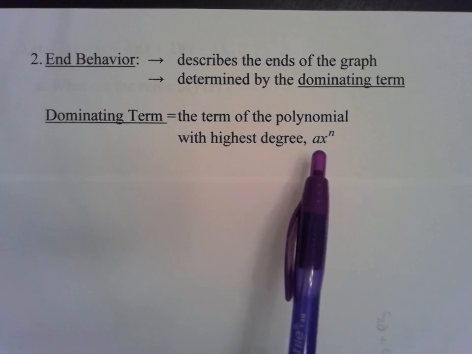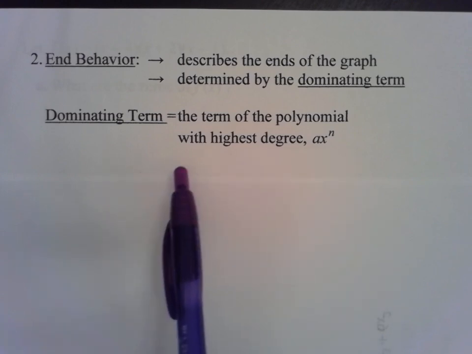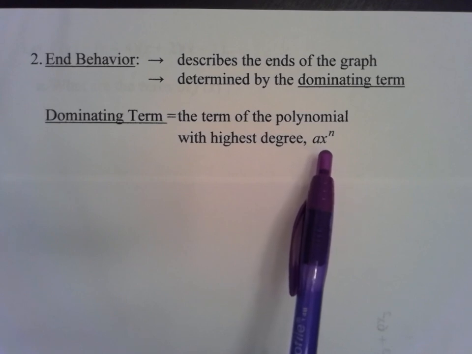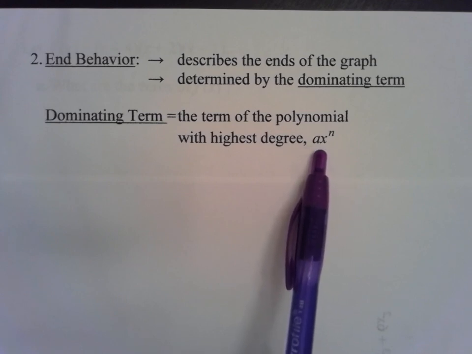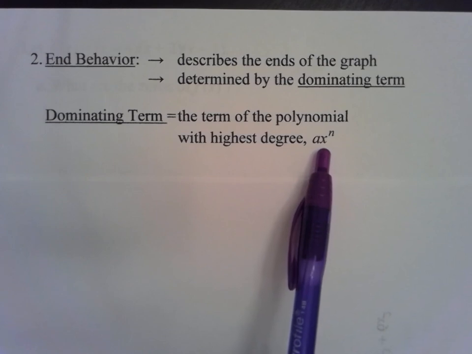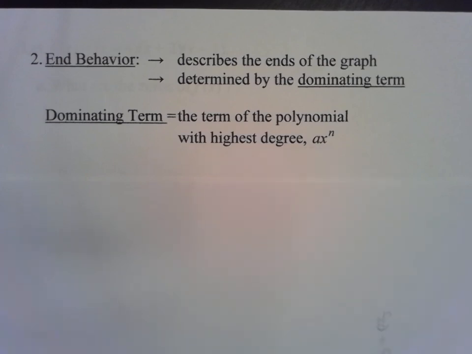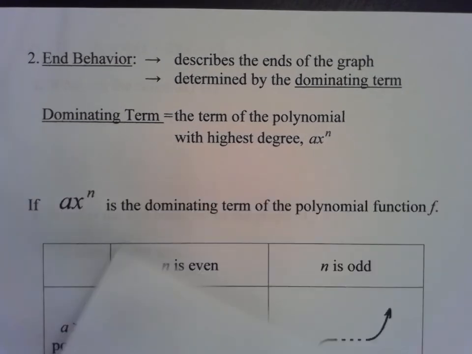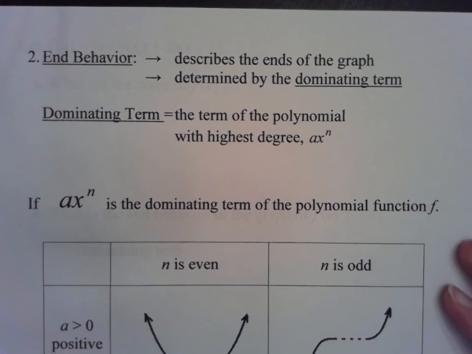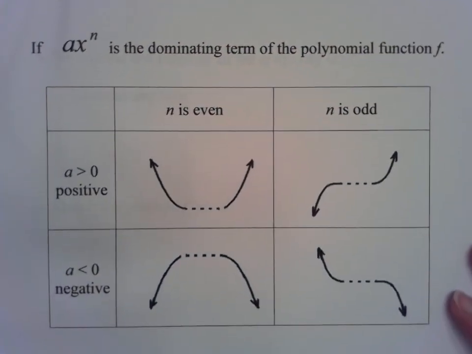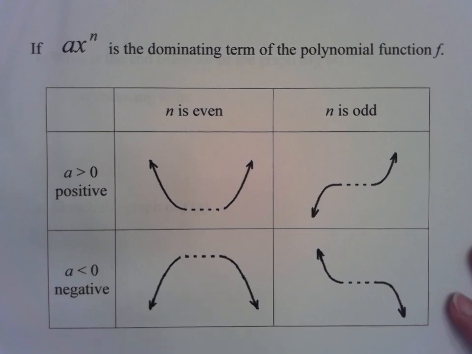Okay, and sometimes we write out the terms kind of in this general way with a's and n's and lots of different variables. Really all you need to know is it's the term at the very front of the polynomial that we're using. Okay, so we use that term in the front to decide what the ends are going to look like. So ax to the n is the term in the front.